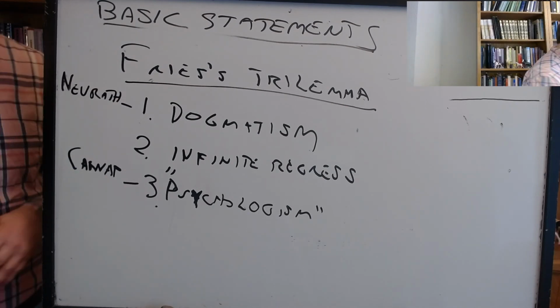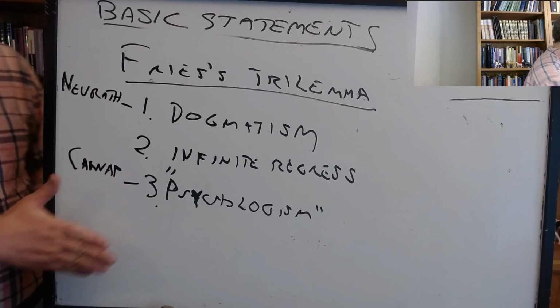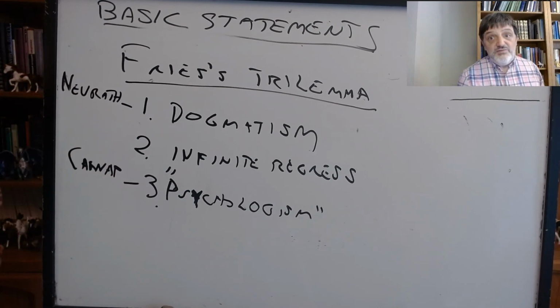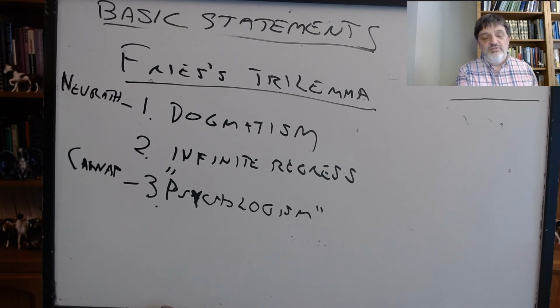But Popper says it's not dogmatism, it's psychologism, because they are supposed to be justified, really. It's just they're justified by experiences. By the way, I don't think Carnap would agree with that, even in the Aufbau. But that's Popper's interpretation of Carnap.